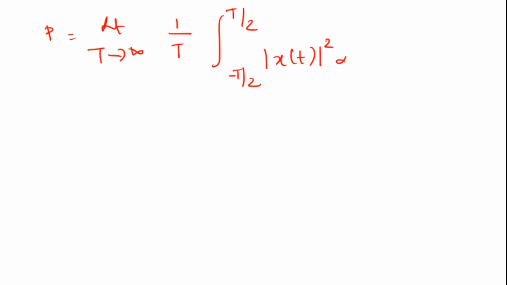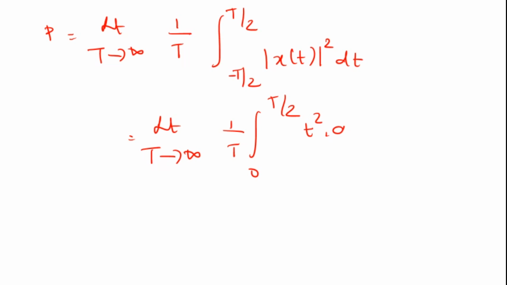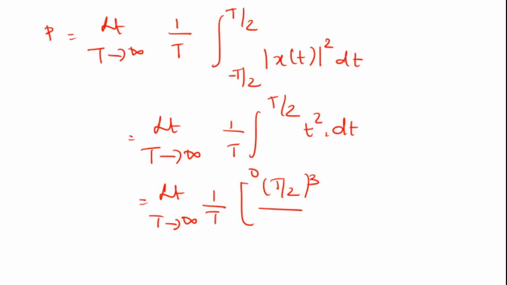Now, we check it for power signal P. P is equal to limit T tends to infinity 1 by T integration minus T by 2 to T by 2 mod of x of t whole square into dt, which is equal to limit T tends to infinity 1 by T integration 0 to T by 2 t square into dt, which is equal to limit T tends to infinity 1 by T into T by 2 whole cube divided by 3, which is equal to infinity.